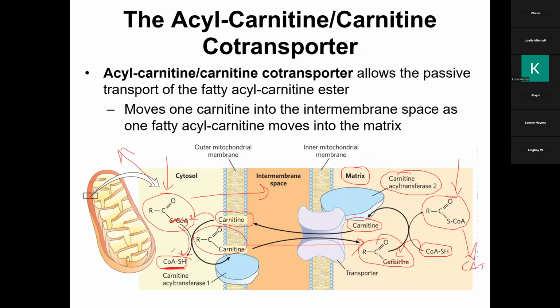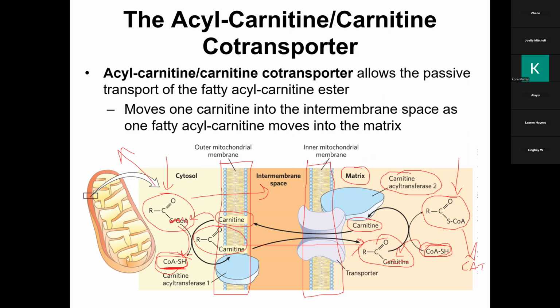And you have a pool of CoA, just CoA, in the cytosol, and a pool of CoA in the matrix. And they're all separated by lipid membranes, which creates different environments, and you're separating out your chemical reactions.